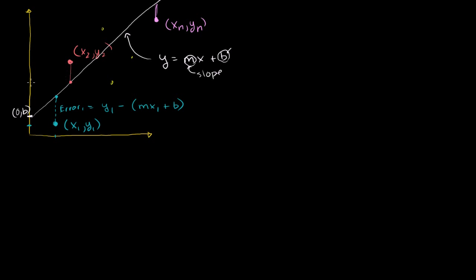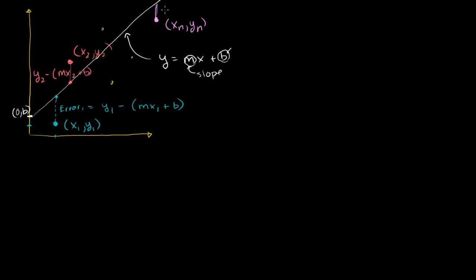This error right over here is going to be y2 minus (mx2 plus b). It's y2, and then this point right here is mx2 plus b, the value when you take x2 into this line. And then we keep going all the way to our nth point.